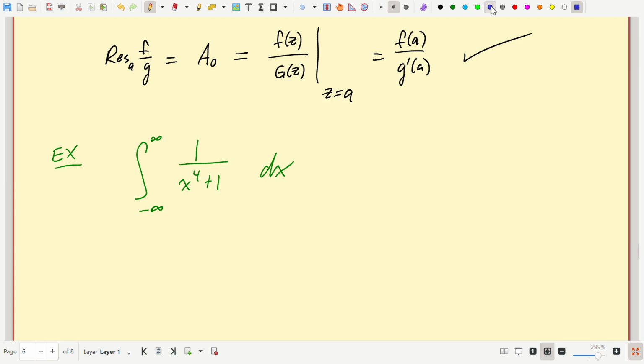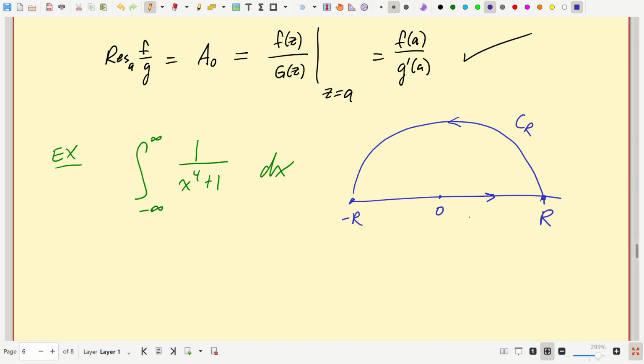And so when I do my big D, here's 0, here's minus r, plus r, counterclockwise, I'd have my C sub r and my L again. But now the f of z would be 1 over z to the 4th plus 1. The book factors 1 over z to the 4th plus 1, and it gets kind of ugly in my opinion.